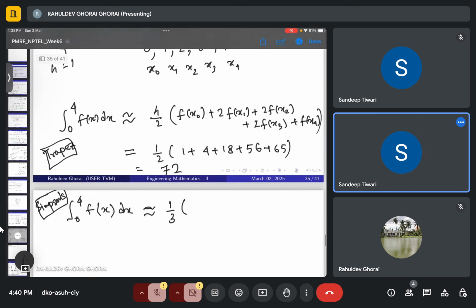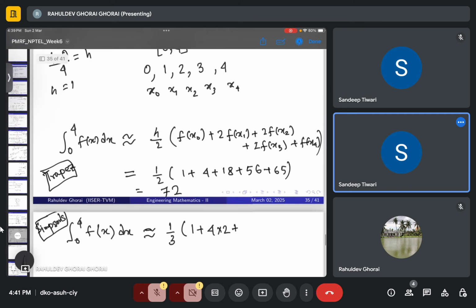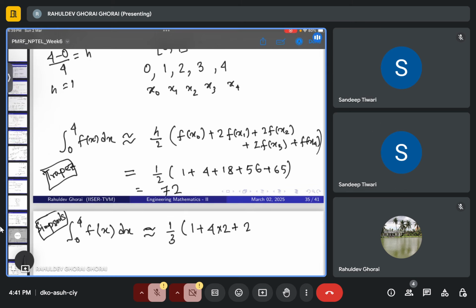If I remember correctly, it won't be all 4; some other combination will be there. So it will be 4 times the odd ones, x1, x3, and 2 times the even one, f of x2.